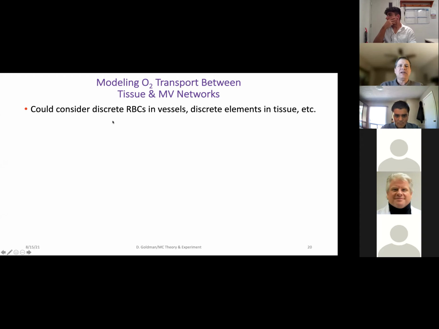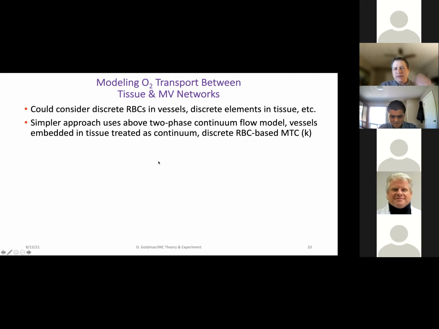You could consider discrete red cells and vessels, discrete elements in the tissue like cells and mitochondria and membranes and things. And I think this brings up that basically we're always approximating, and even if we don't think we're approximating, we really don't know everything that's going on biologically. And so this would be a very complex model.